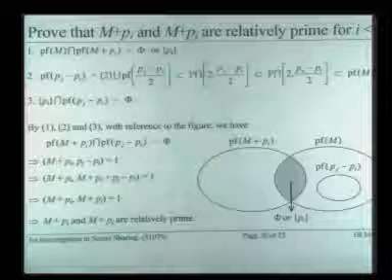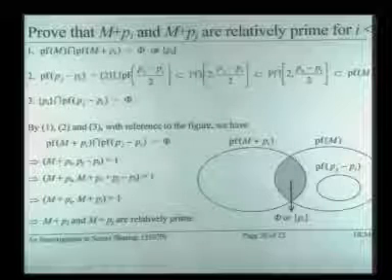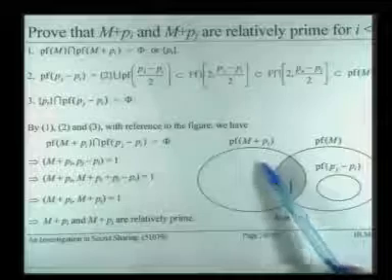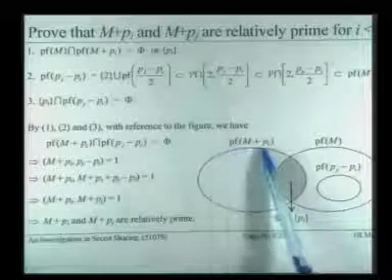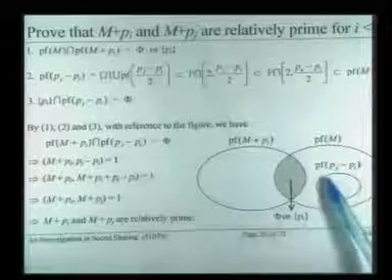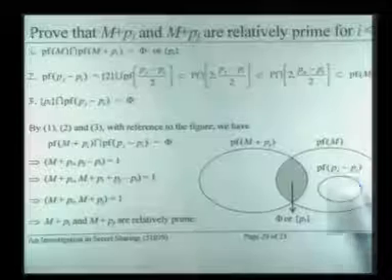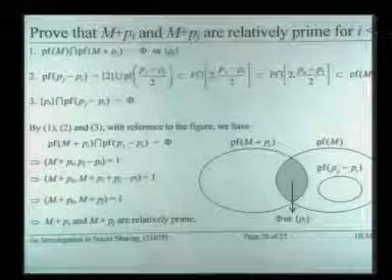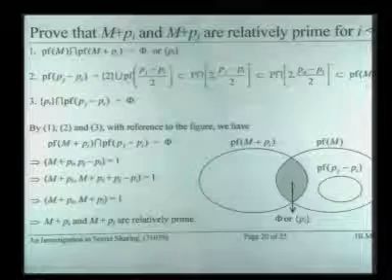Third, pi does not belong to the prime factor set of pj minus pi. With reference to the figures, the prime factor set of m plus pi and the prime factor set of pj minus pi are disjoint. Therefore, m plus pi and m plus pj are relatively prime.